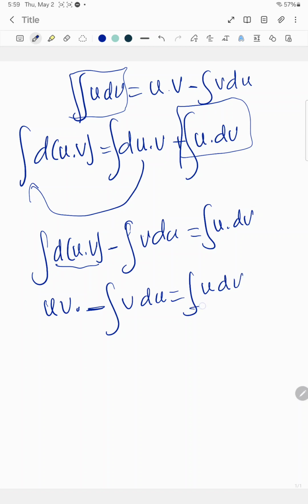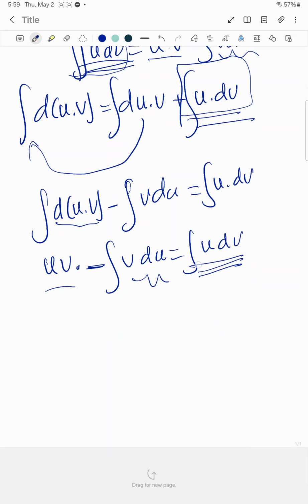And this u dv that is here is my u dv that is here. And uv is this, and v du is that. This is how they came up with this formula. Anyway, now that you know, let's start with exercises.